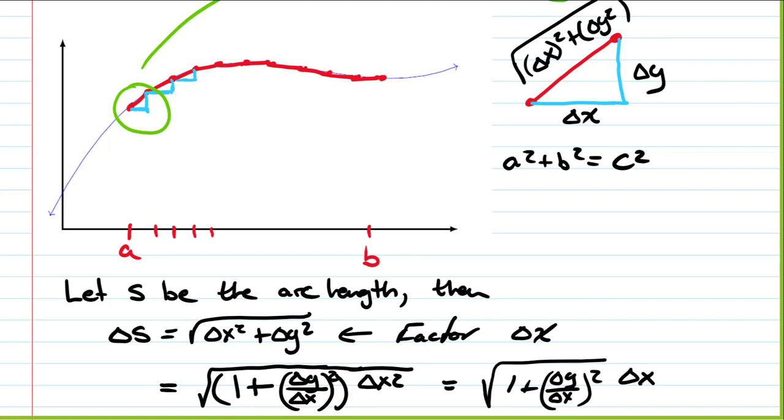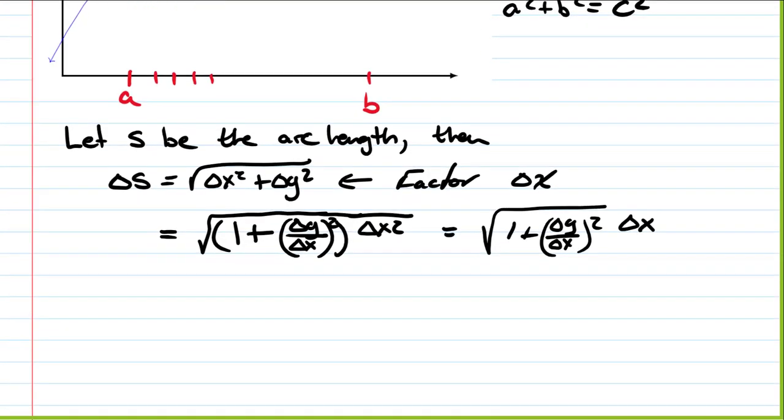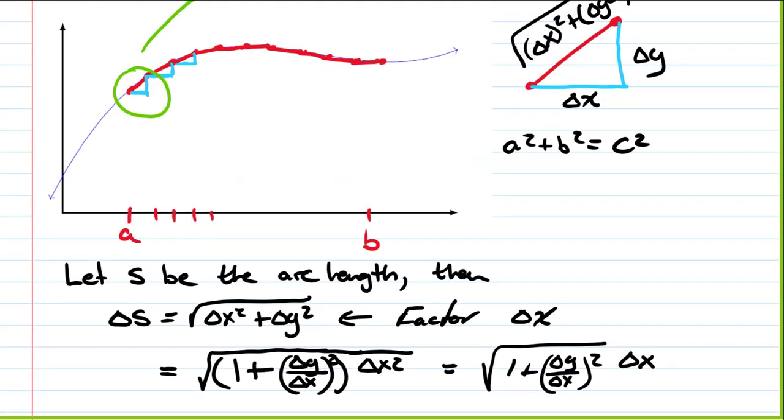Yes, sir? Delta x is outside the radical, right? Yeah, it is in the second one, yes. So delta s represents the actual arc length, or each of the red bits in our little triangle, right? And if we added all of those up, we would end up with the arc length, right?